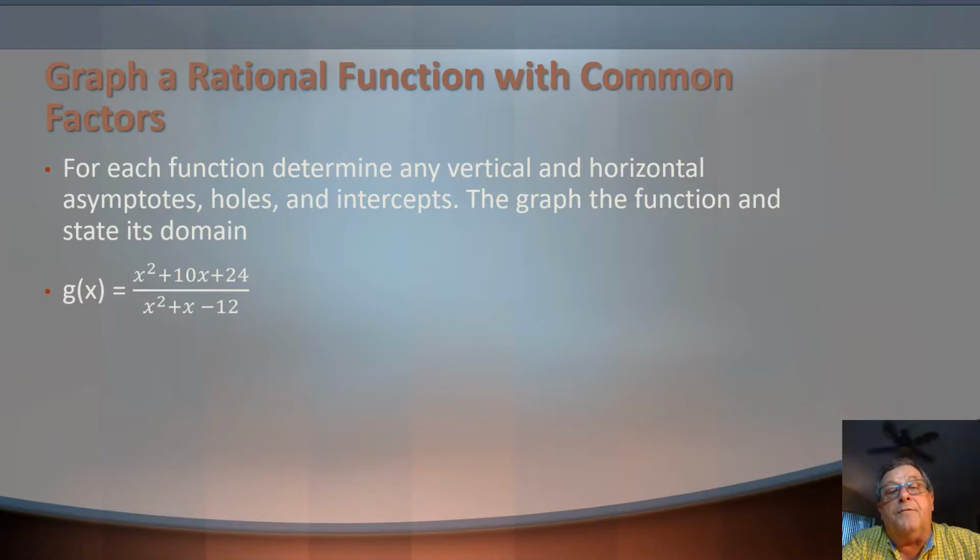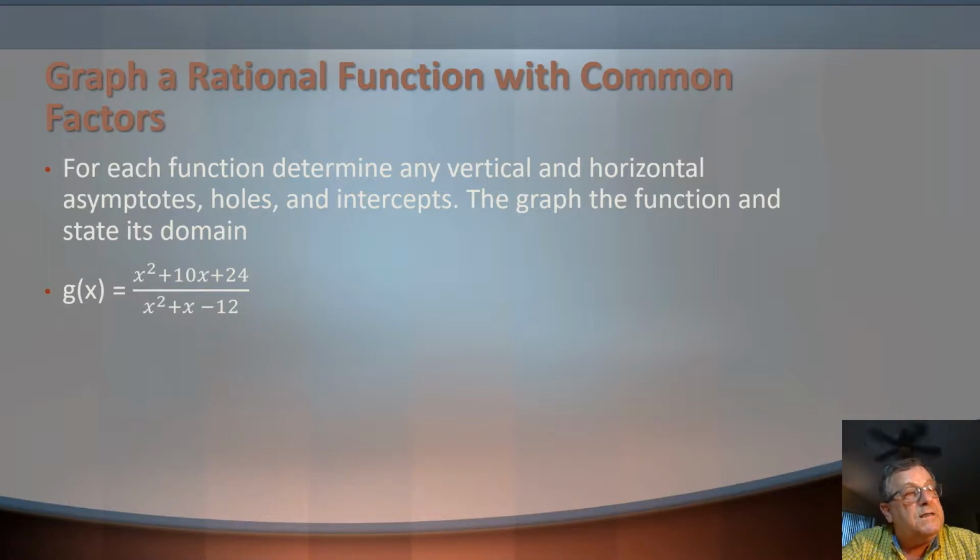Now, probably the first thing I want to do is figure out the horizontal asymptote. I'm looking at the degree of the leading term, comparing that in the numerator and the denominator. In this case, in both expressions the leading term is x squared, so they have the same degree.